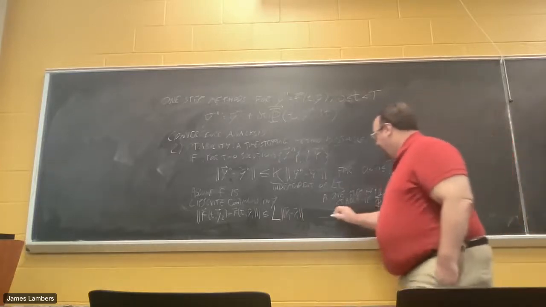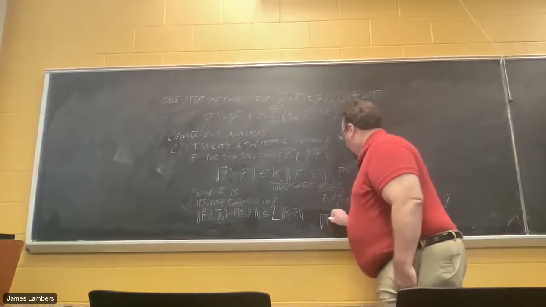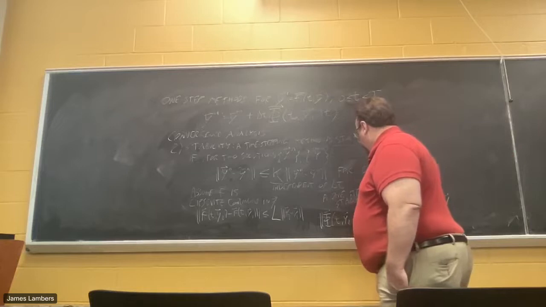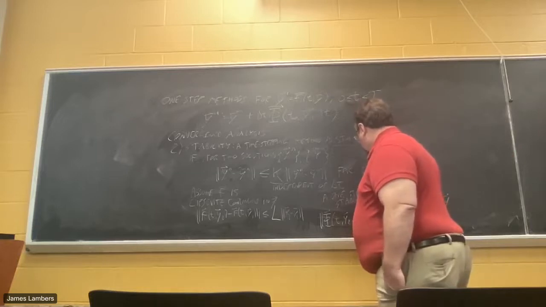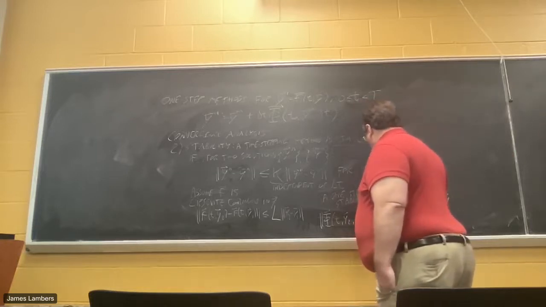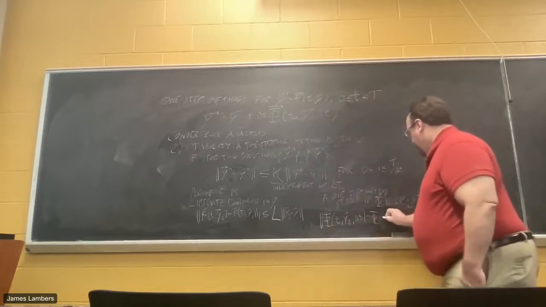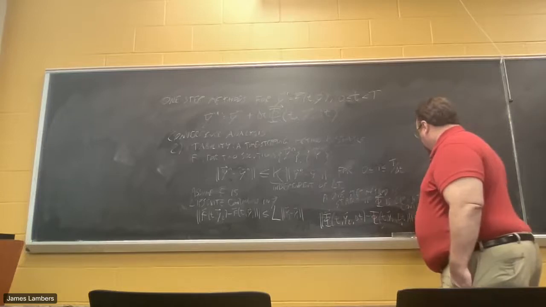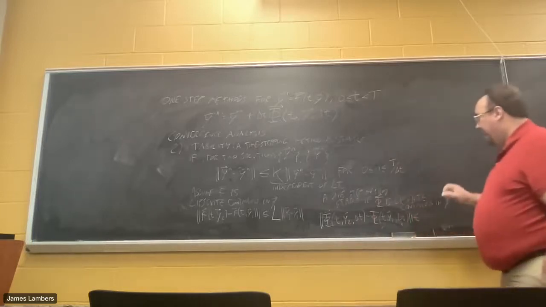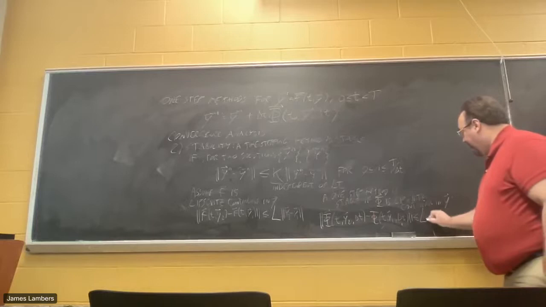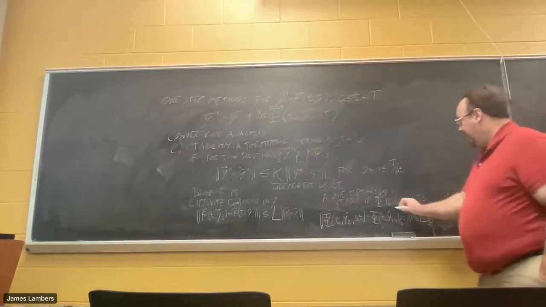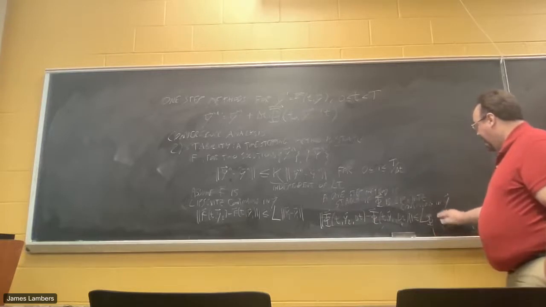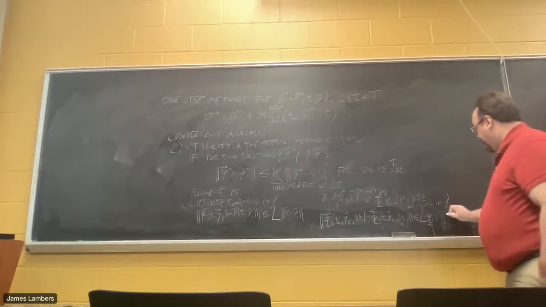So in other words, phi(t, y2, delta t) minus phi(t, y1, delta t) is bounded by some Lipschitz constant, which I'll call L phi, times the difference in y values.